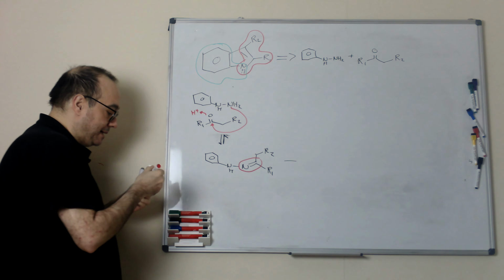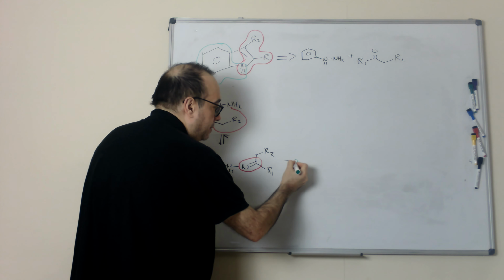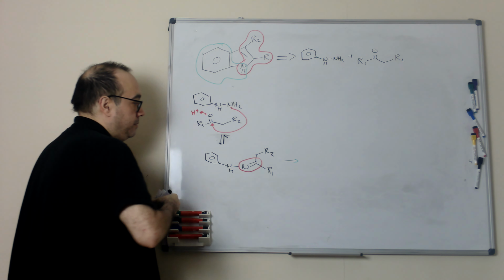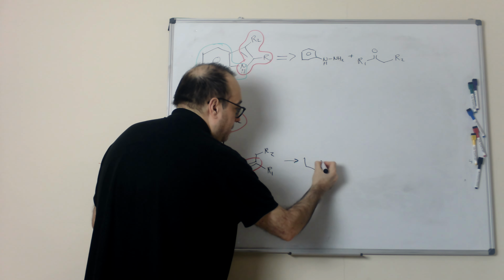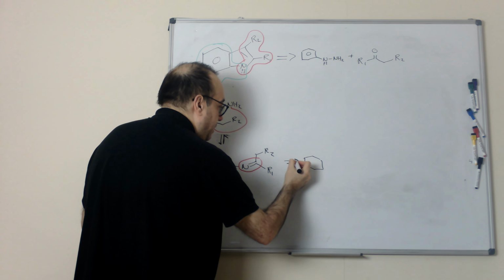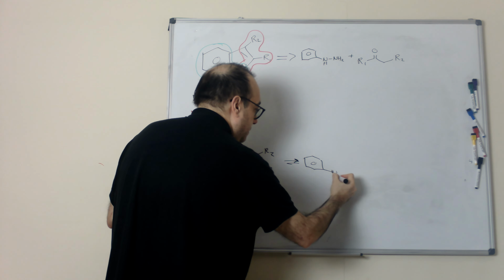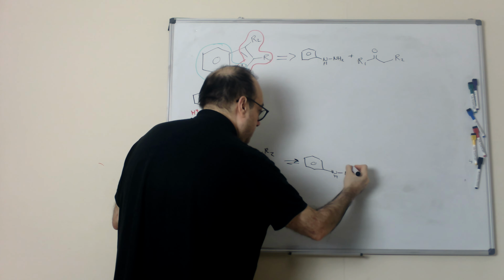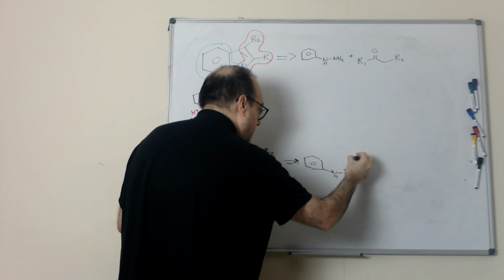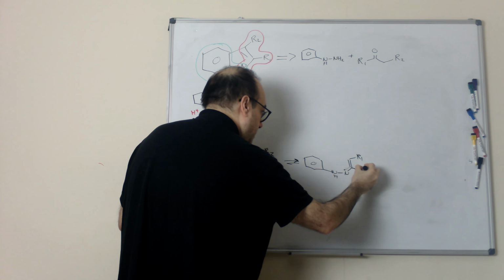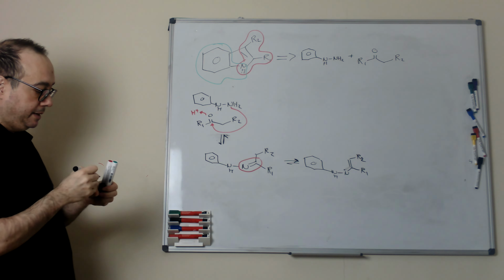That means that it can tautomerize to an enamine. This is an equilibrium also. And we have the enamine here.